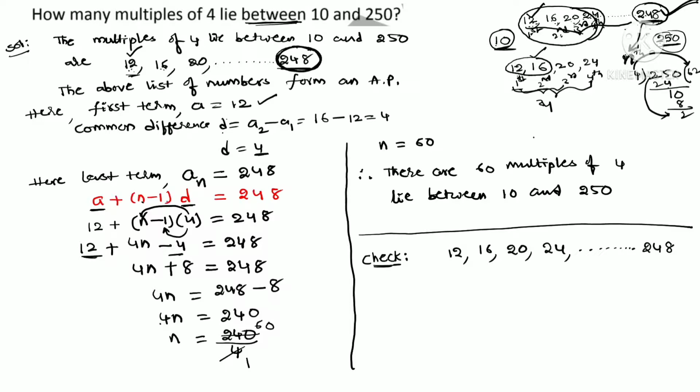Yes or no? Now this one you can see, we can write it as 4 multiple, 4 into 3. This we can write as 4 into 4. 20 can be written as 4 into 5. This is 4 into 6. This is 4 into 62. Yes or no?